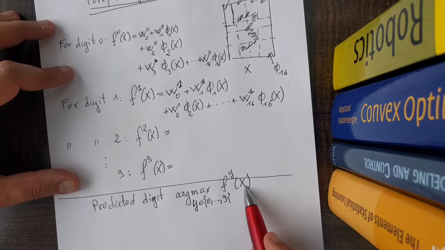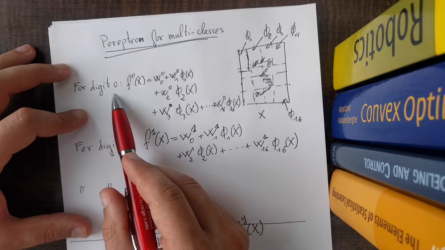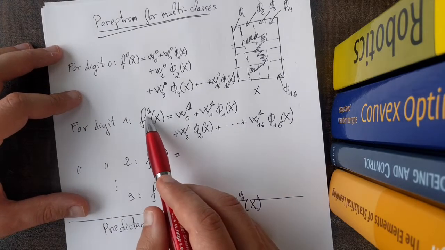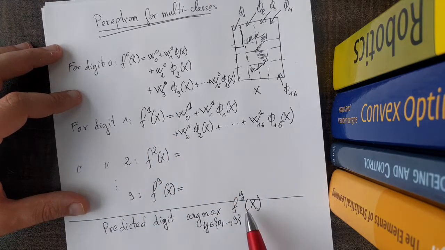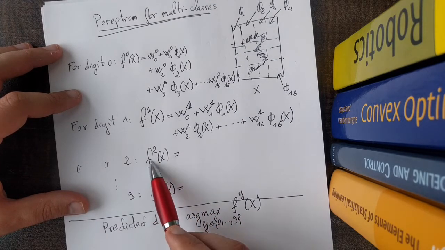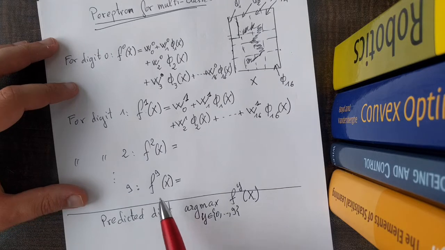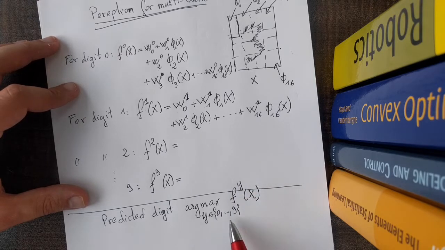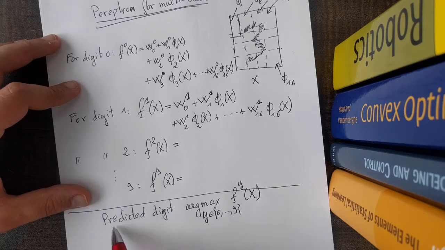So you take your image and you take the perceptron on the first digit, f0, that we defined here, and you compute the score, and then you do the same thing using the second perceptron, the perceptron associated with digit 1, and you compute the score. Then you compute the score using the perceptron specialized in digit 2, until you compute the score using the perceptron specialized in digit 9. And then you pick your best answer, the digit that gives you the highest activation, the highest result, f of y, for y from 0 until 9, and that would be your predicted digit.